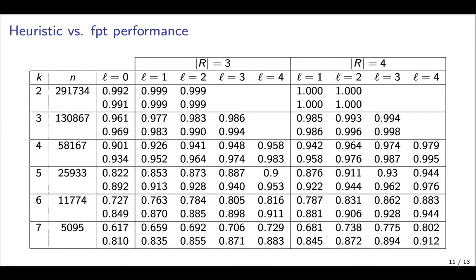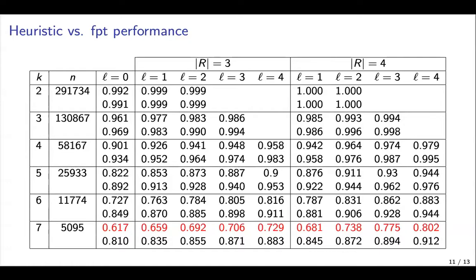Finally, we compared the accuracy of the heuristic with the accuracy of the FPT. This table shows some of our results. So the FPT accuracies that we already saw on a previous slide are the bottom rows, and the heuristic accuracies are the top rows.